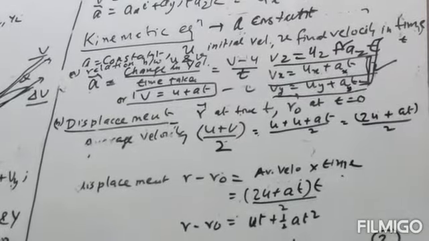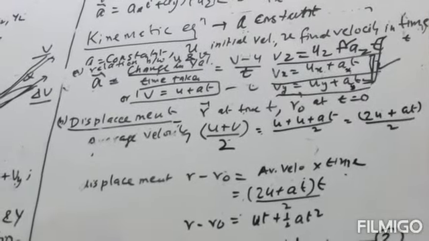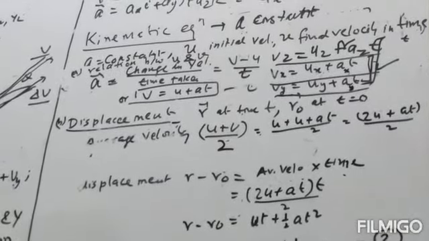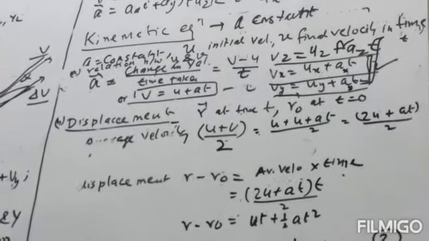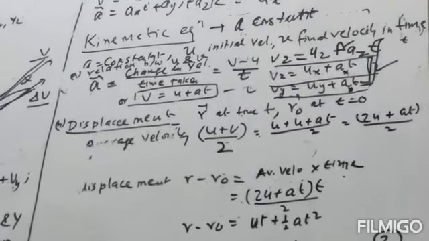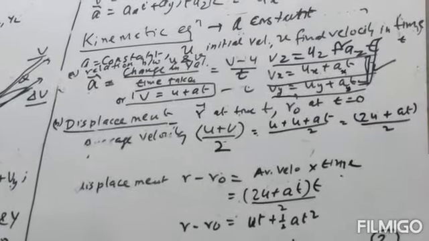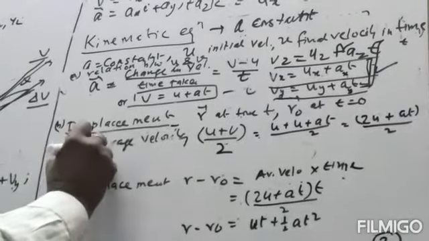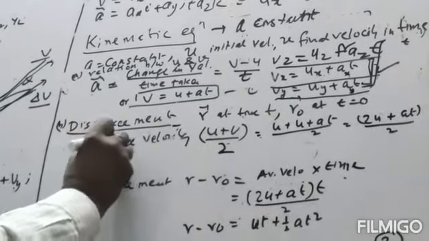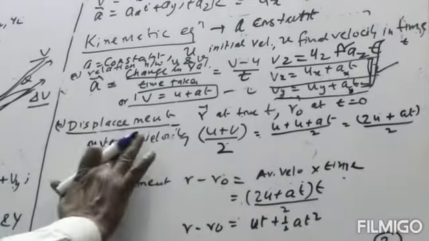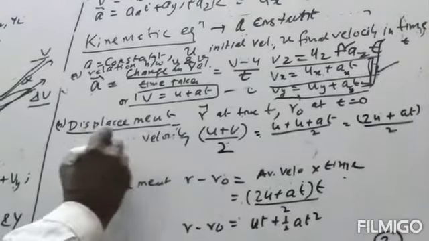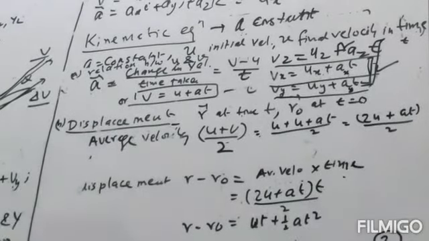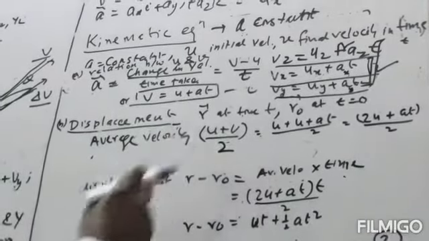Now the second relation is displacement. What is the displacement or distance covered? We can find it. The initial velocity is u, the final velocity is v, so what will be the average velocity? Average velocity will be equal to initial plus final by 2.